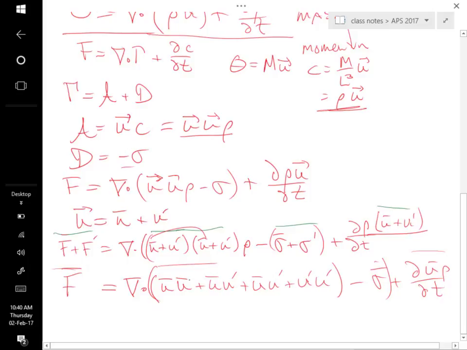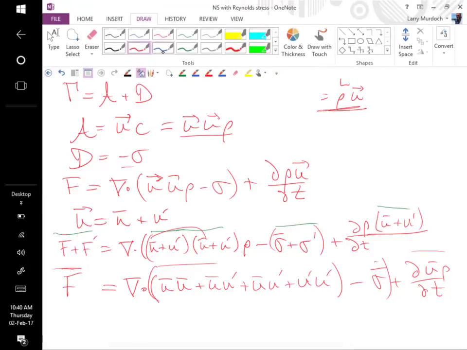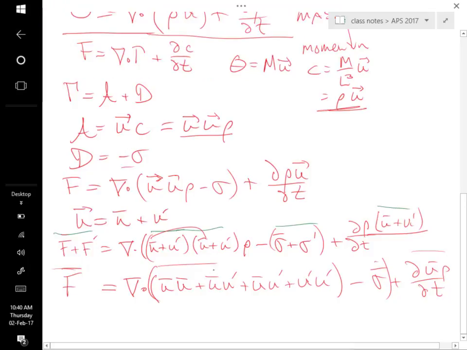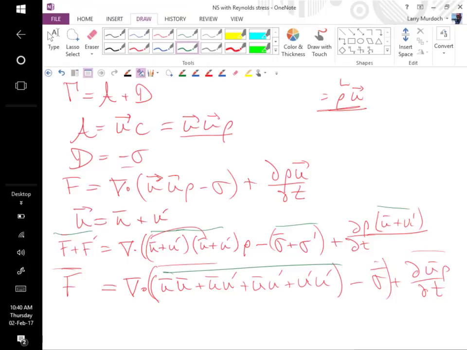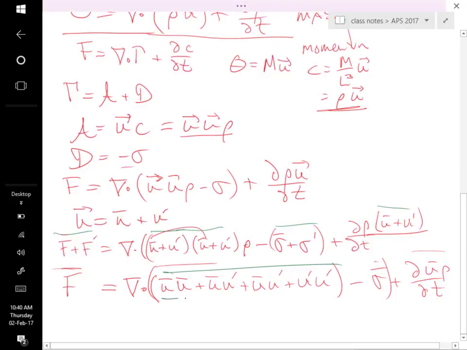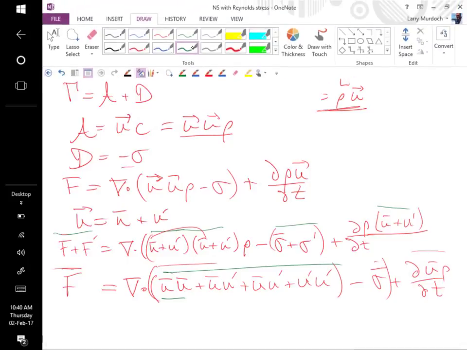But this is where we have a bit of a difference. Now, we're going to apply the average over this whole thing. And what happens when we do that is this stays. I'm going to switch back.